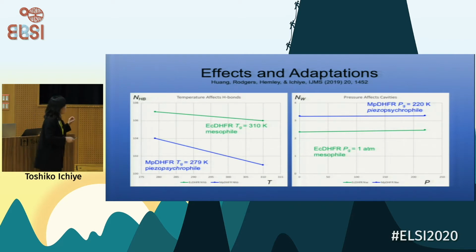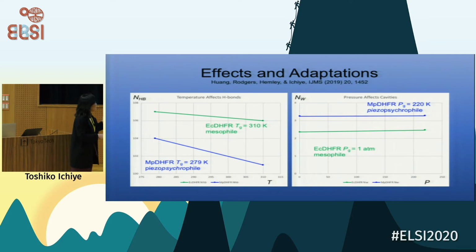I didn't have a really good measure for the cavity size on this, like in my notes, but my computer. But this is pressure, and this is the number of water molecules that are inside the protein. So it's not a good measure of cavity size, so it doesn't really show the effect of pressure on cavities.